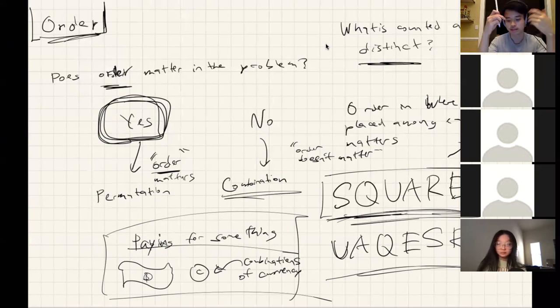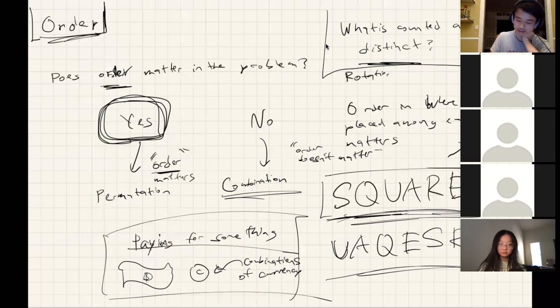So this brings us back to the idea that in a counting problem, one thing you really have to get straight is whether some things are counted as distinct or counted as the same. This comes up a lot. You've seen these annoying problems where they say rotations and reflections are considered identical or distinct.